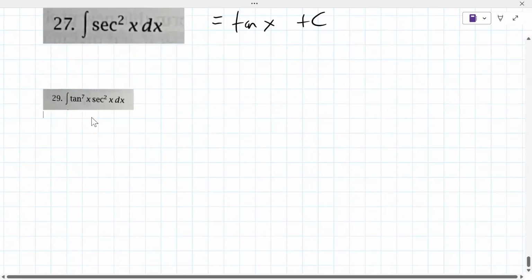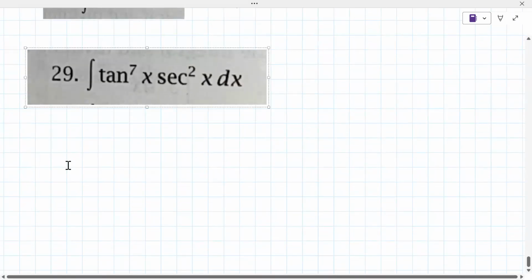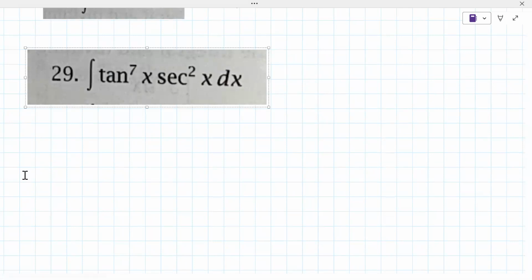All right, number 29. This one is more difficult because you have to make a choice. Is your u the tangent or is your u the secant? My tangent, because then it'll cancel out with the secant. Okay.